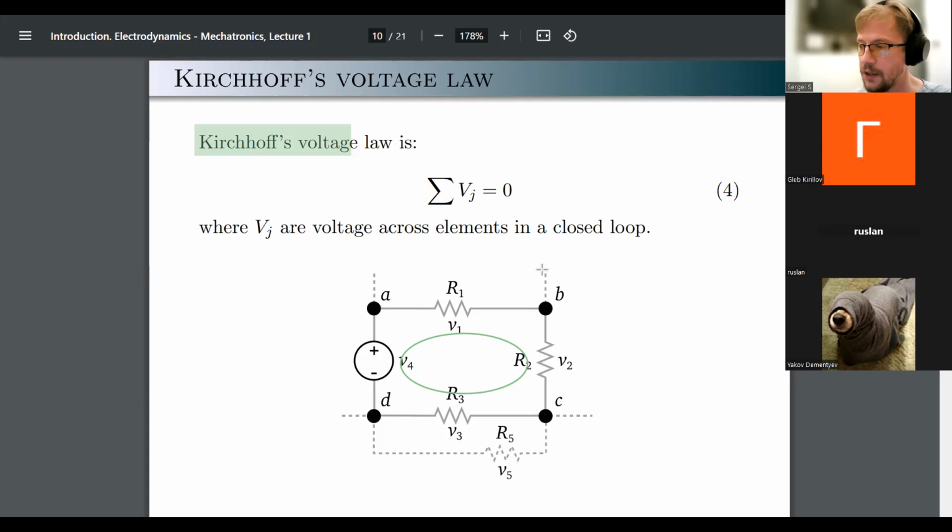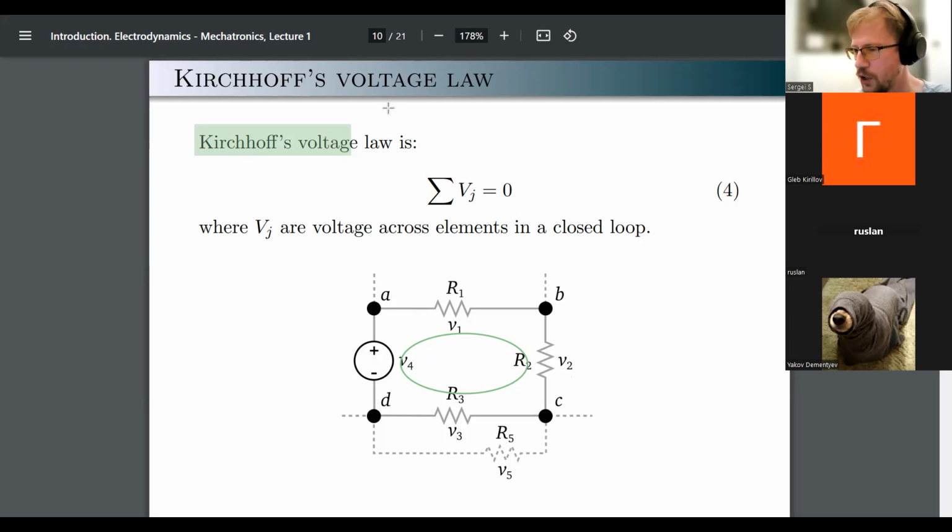Okay. So you can say that the electrical potential, if we start from some point, is going to drop, rise, and the sum will be equal to 0. Right.